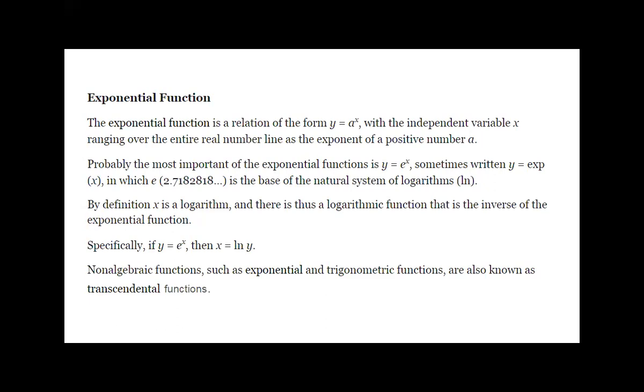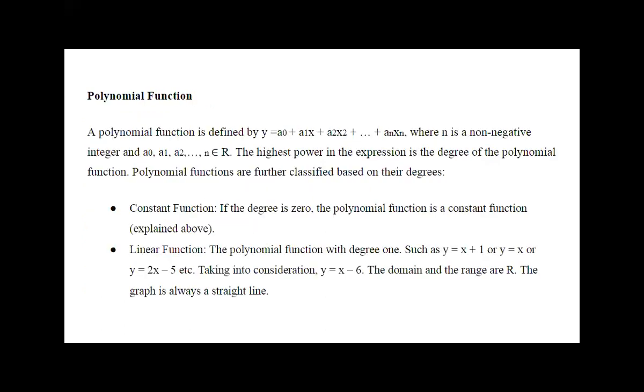Then non-algebraic functions such as exponential and trigonometric functions are also known as transcendental functions. Transcendental functions means non-algebraic functions, and that will contain exponential and trigonometric functions. So those will be known as transcendental functions.